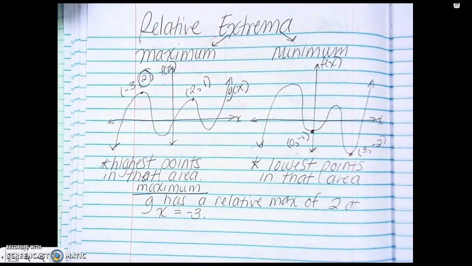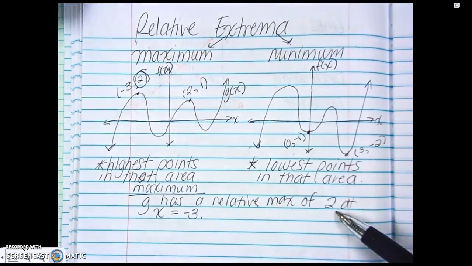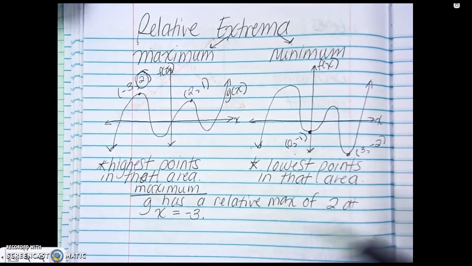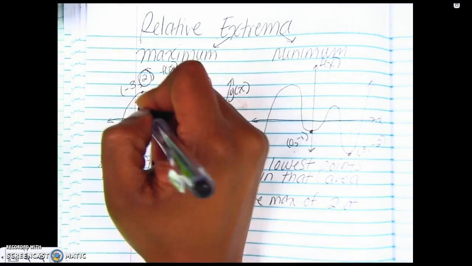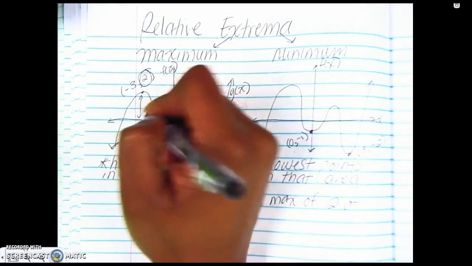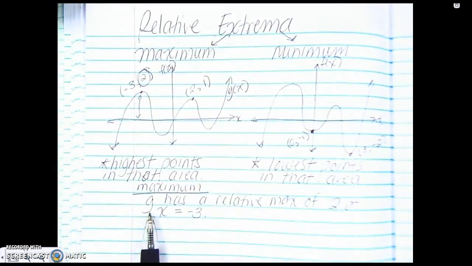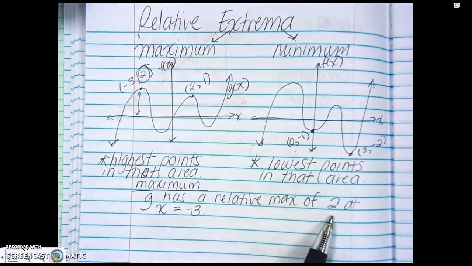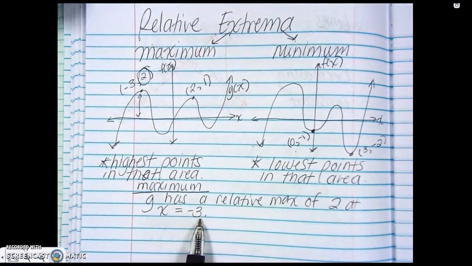So you see how we're describing the max using the y coordinate instead of the x, because the max is talking about the height. All right, so we use 2. G has a relative max of 2 at x equals -3.